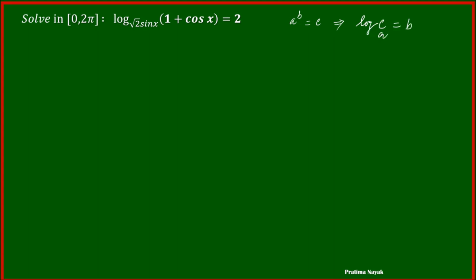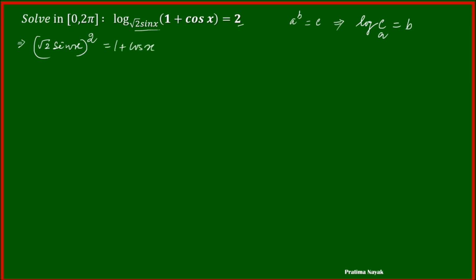So here your base is square root of sin x, and logarithm of 2, that means base power 2 is equal to 1 plus cos x. So I am converting this into an exponential function, which implies that square root of sin x whole power 2 is equal to 1 plus cos x.